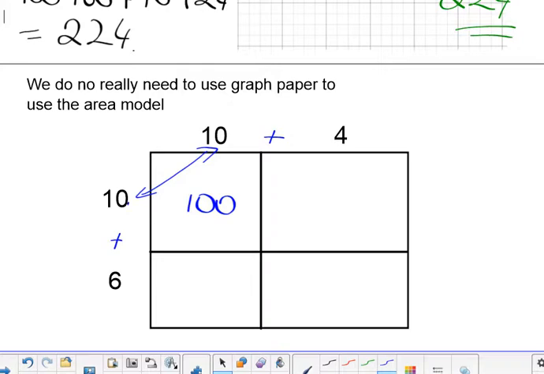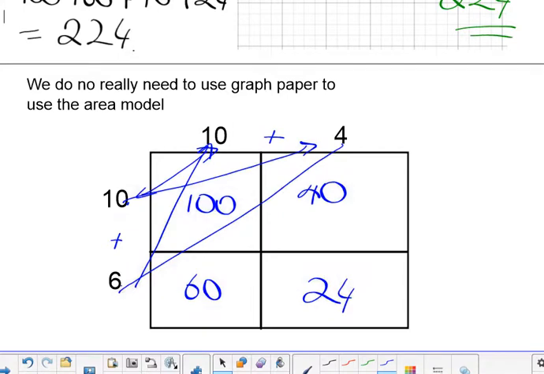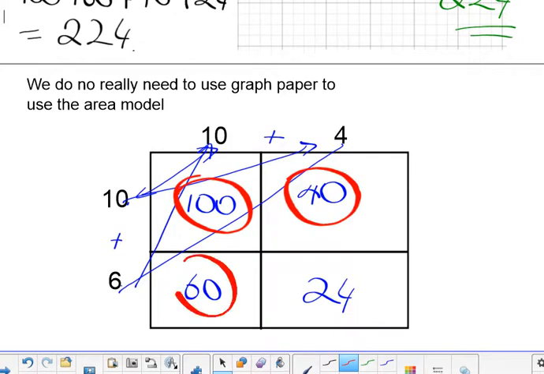Then we've got 10 times the 4, which gives us our 40. And then the 6 times 10, which is 60. And then lastly, we've got the 6 times 4, which is 24. And the total area, which is going to give us the product, is just the sum of all those, which gives us, again, 224.